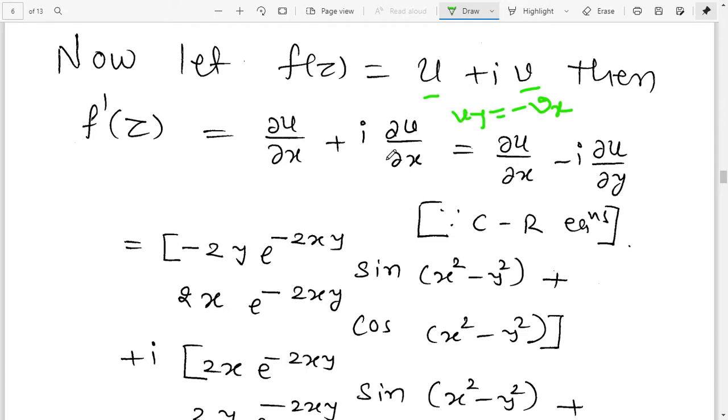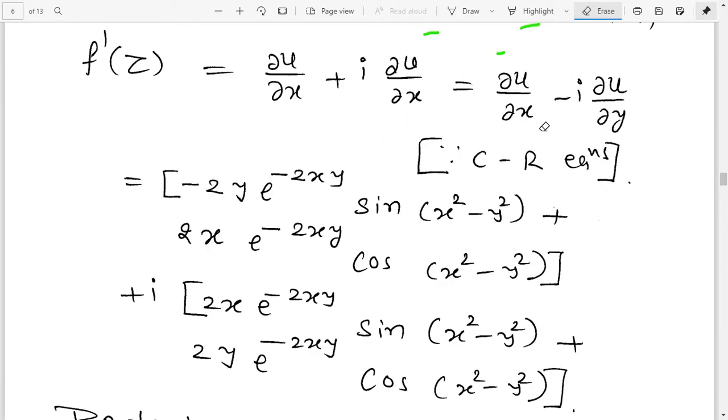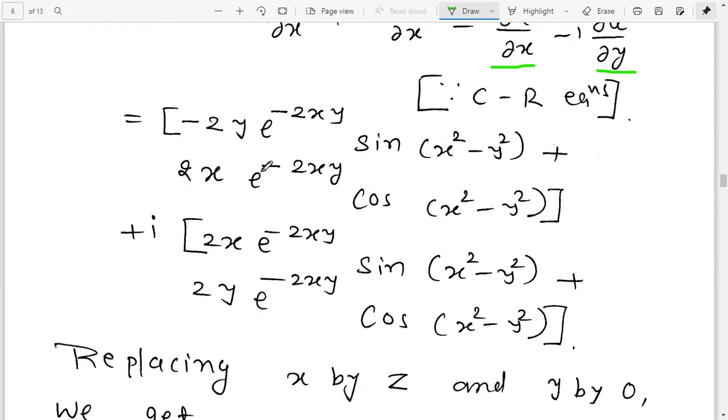So we put the value of vx as minus uy. Now put the value of del u by del x and del u by del y. We get this form.